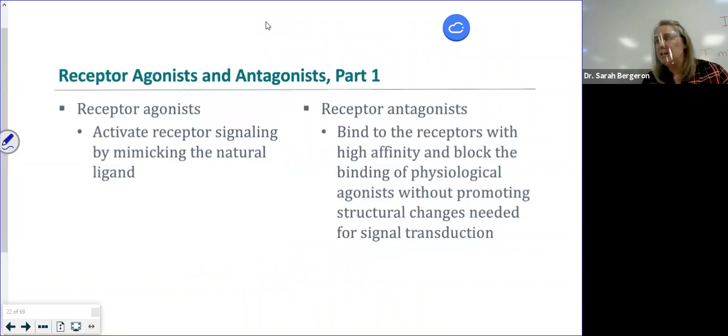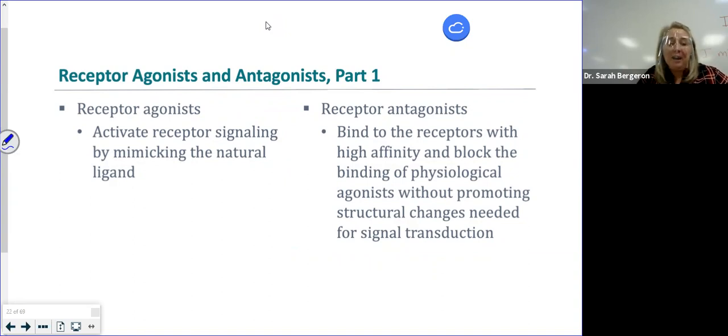A lot of times what we want to do is understand how a pathway works and then manipulate it. That's what we do in science. We don't discover anything new. We just try to figure out how to manipulate things. There are two different ways that you can manipulate this system. You can use what's called a receptor agonist.